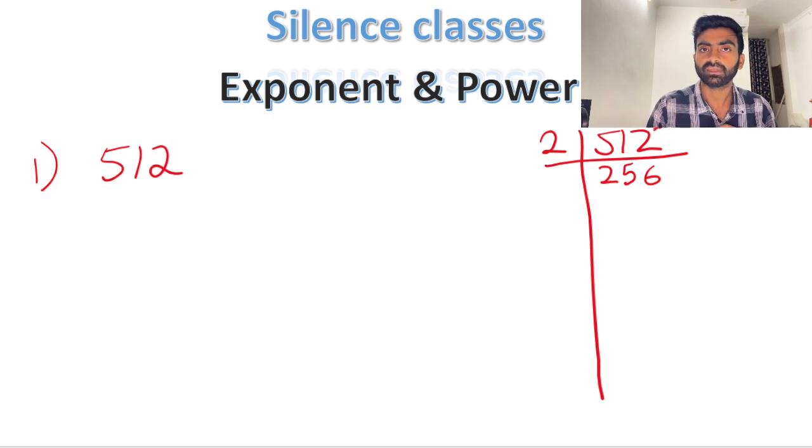If the end digit of a number is even, like 2, 4, 6, 8, 0, then that number is divisible by 2. This means 512 is divisible by 2 because 2 is an even number.